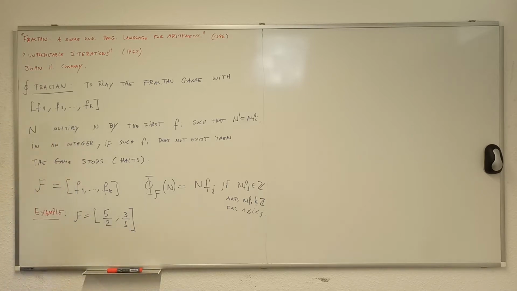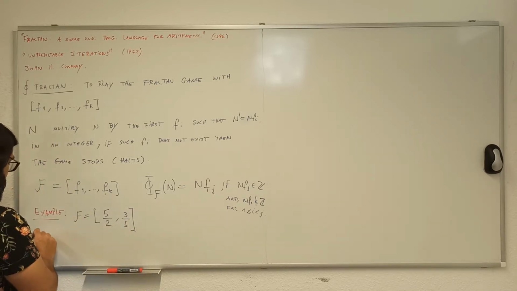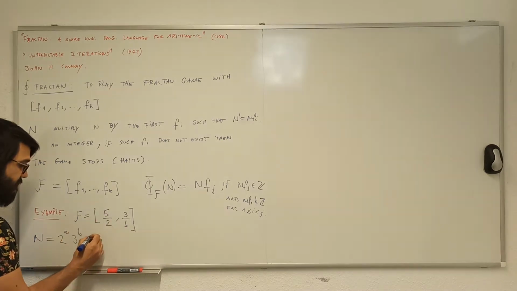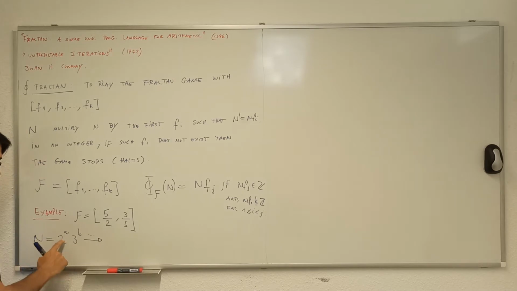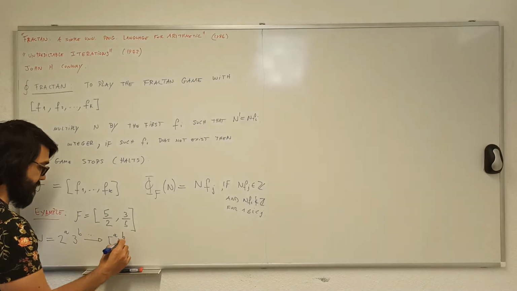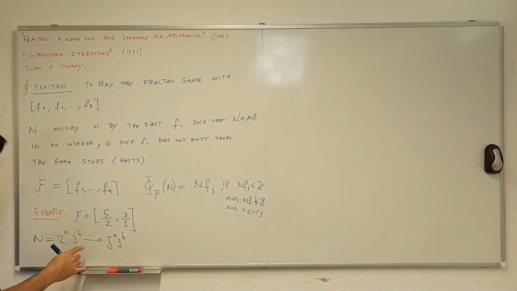So suppose you start with this game, and suppose you start with an integer n equals 2 to the a, times 3 to the b. What it does is, you have to multiply by the first fraction, so after a bunch of iterations, it's just going to make all those 2s become 5s. Great.